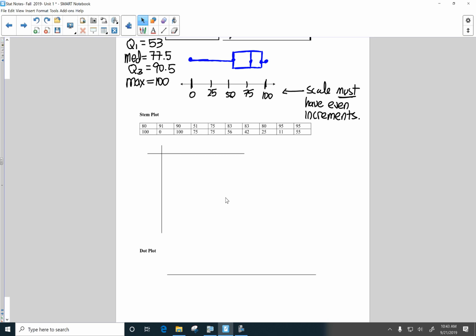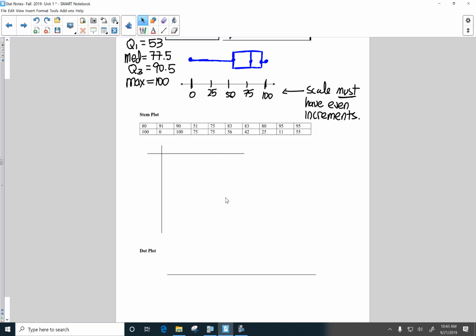So then we have the stem plot. If you're starting to not like this whole calculator business, and maybe I'm just being optimistic, like you've not liked it the whole time and you're just like, enough with the calculator, then maybe you'll like these because you can't use a calculator for either of these.